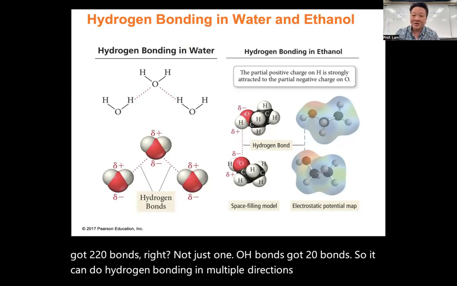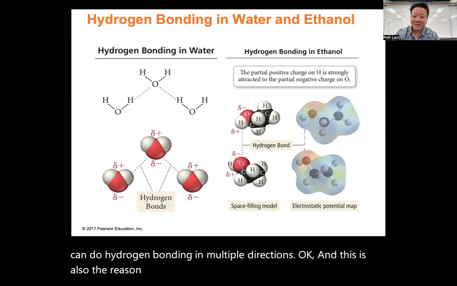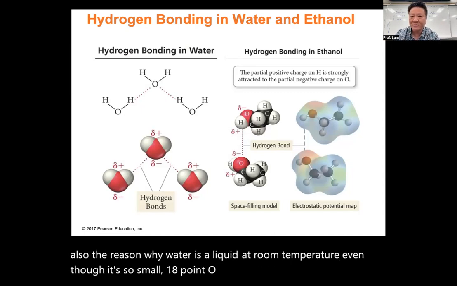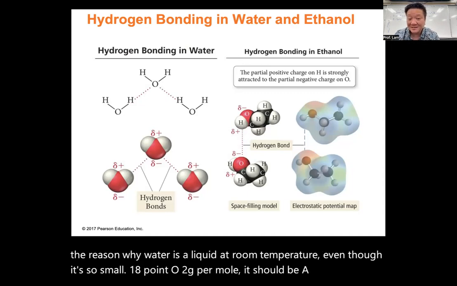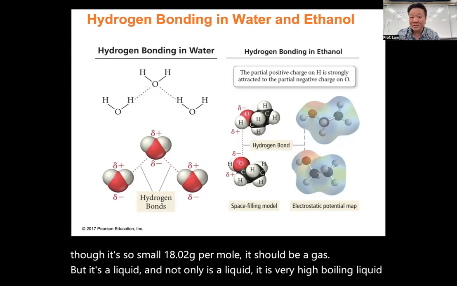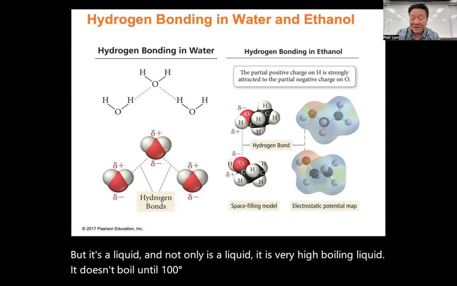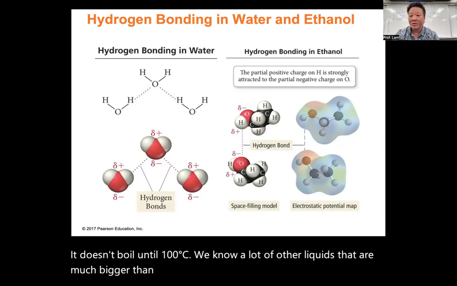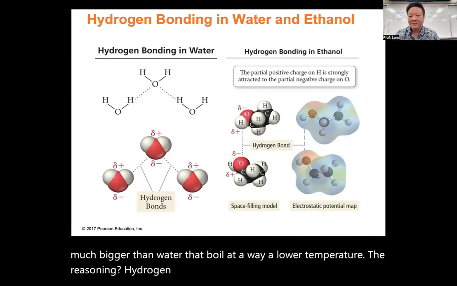And this is also the reason why water is a liquid at room temperature, even though it's so small, 18.02 grams per mole. It should be a gas, but it's a liquid. And not only is it a liquid, it is a very high boiling liquid. It doesn't boil until 100 degrees Celsius. We know a lot of other liquids that are much bigger than water that boil at a way lower temperature. The reasoning: hydrogen bonding.